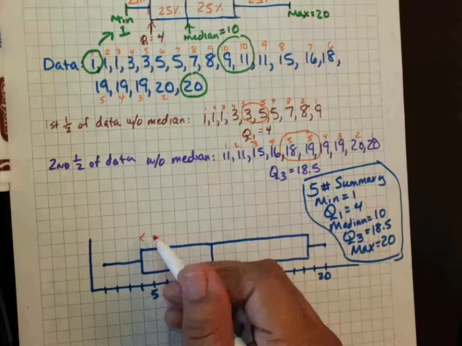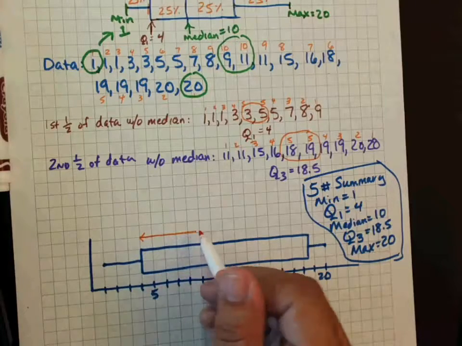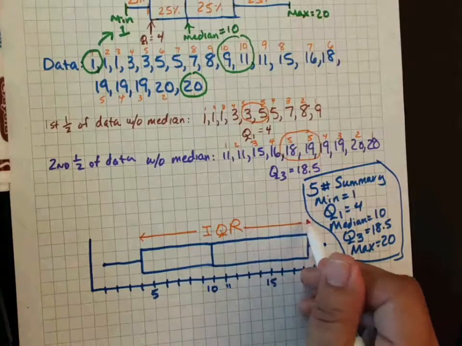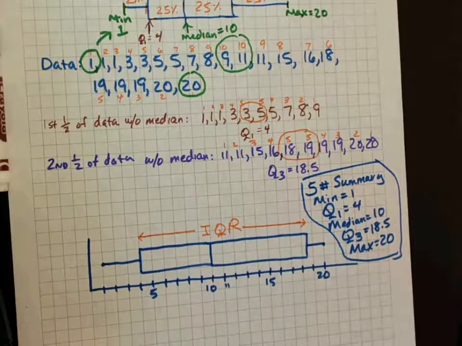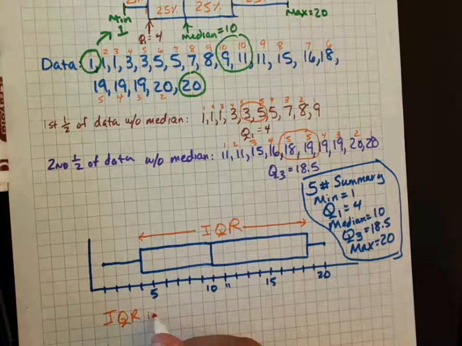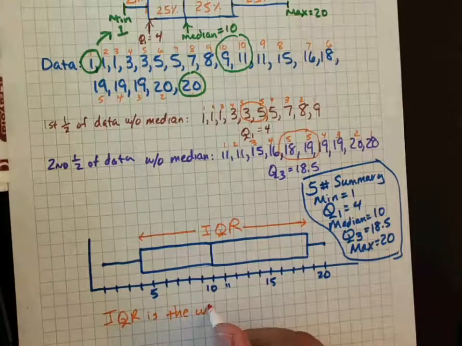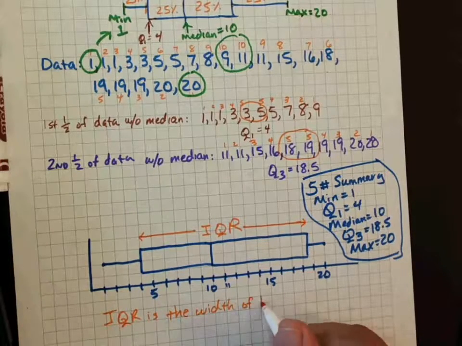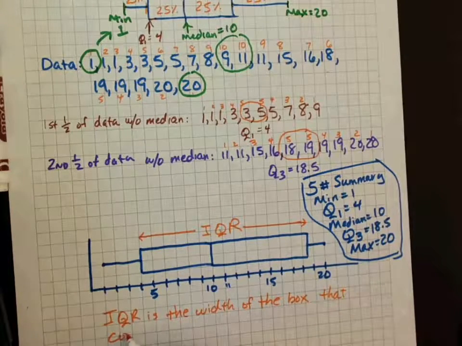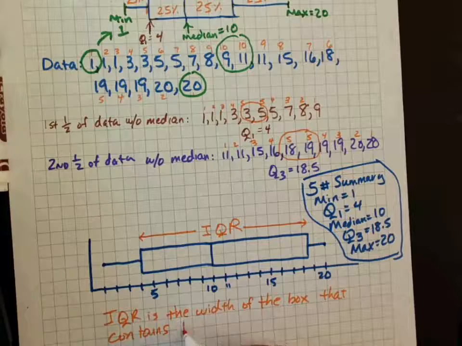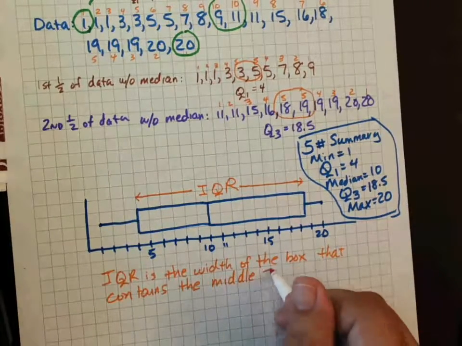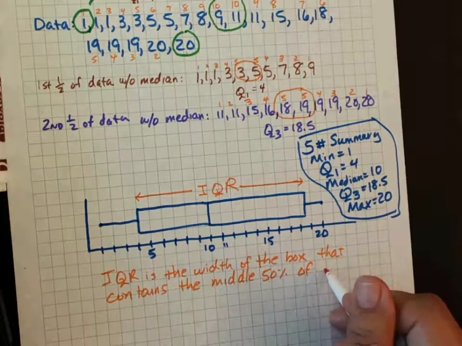All right. Now, the width of this box is special to us. We call this the IQR. However wide this box is, that's the IQR. So IQR is the width of the box that contains the middle 50% of data.